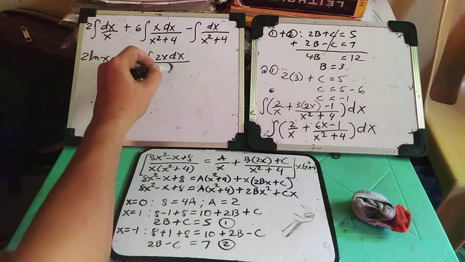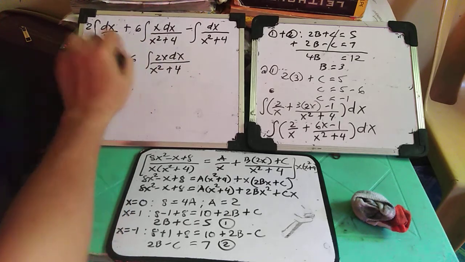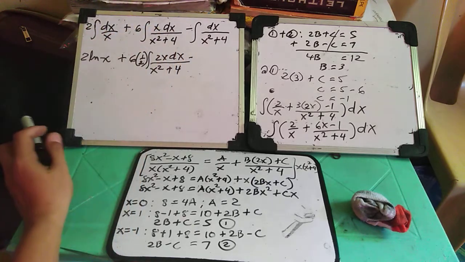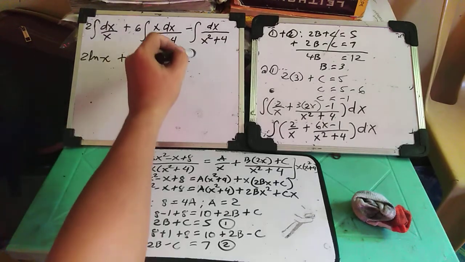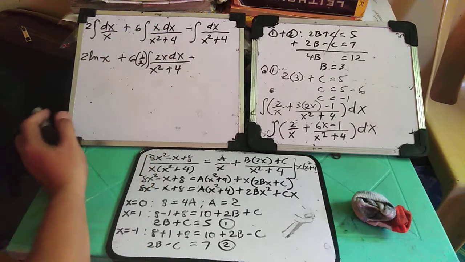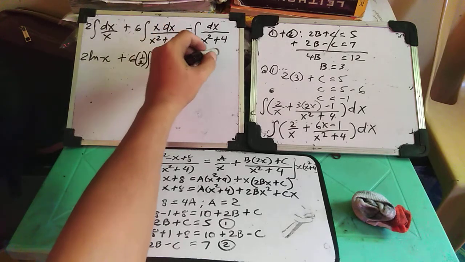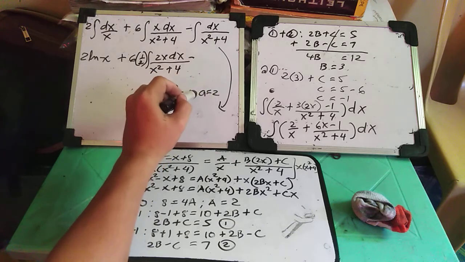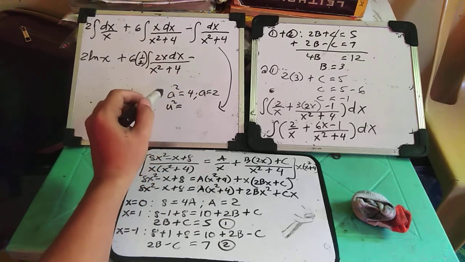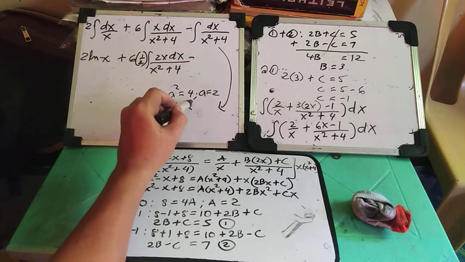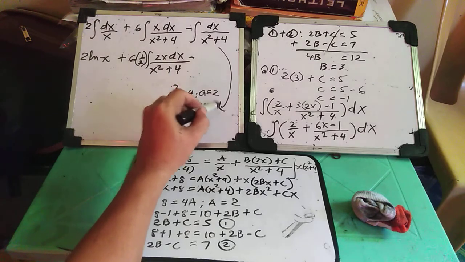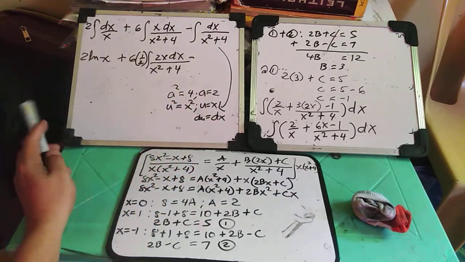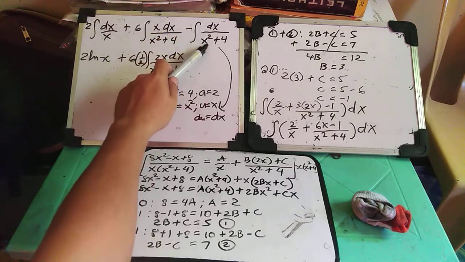which can also be written as the integral of 2 dx over x, plus 6 integral of x dx over x squared plus 4, then minus integral of dx over x squared plus 4.